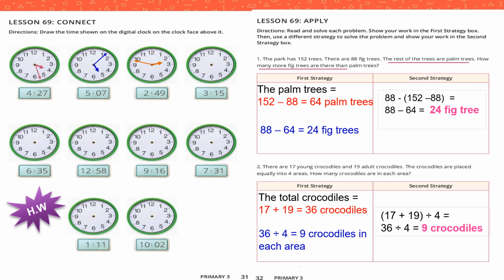So let's find what is between brackets. Don't forget that what is between brackets I must solve first. I have here brackets, so I will add first. Both of them equal 36. Then I will divide them by 4 equals 9 crocodiles.